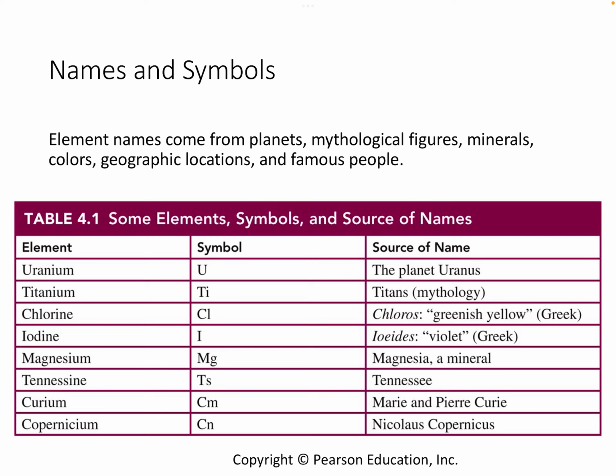And then you can see some other examples down below. Notice that each element has its own symbol. Uranium has a capital U, titanium has a capital T followed by a lowercase i, and so on and so forth. Some symbols only have one letter, others have two.